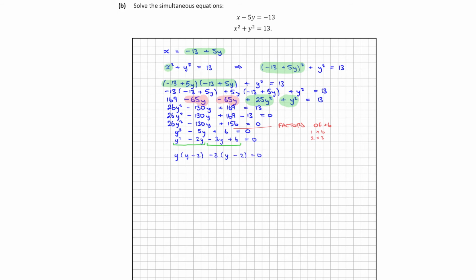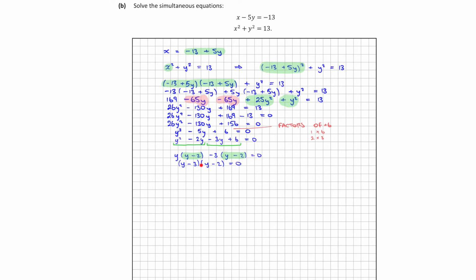The next step there is just because these two have the same value, the brackets are the same, we're doing the opposite to expanding. So what we'll do is we'll pull the y minus 3 together. So y minus 3 times y minus 2 is equal to 0.